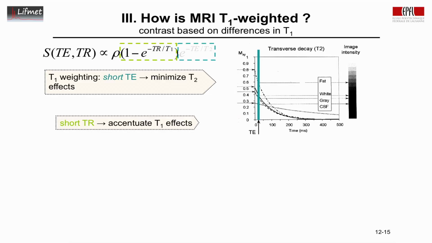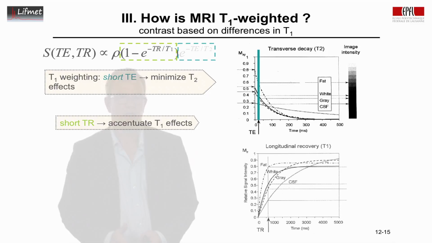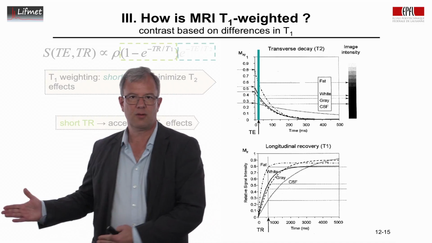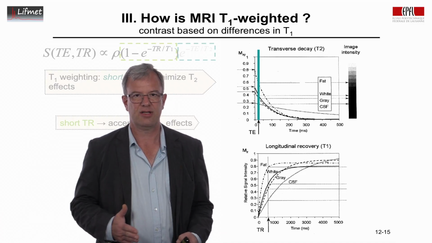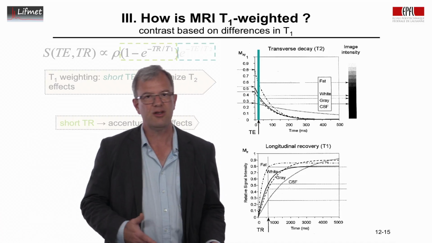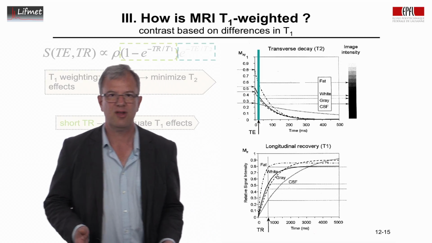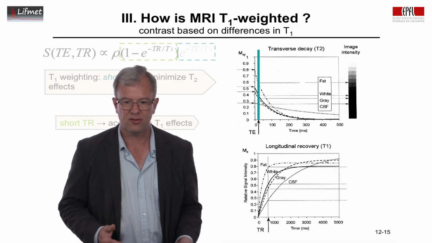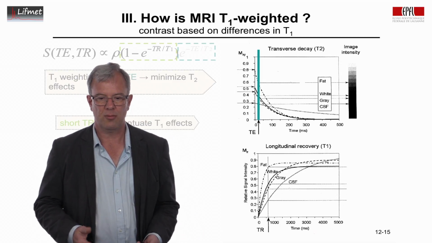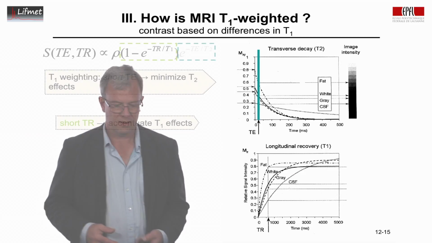To accentuate the T1 effects, one uses a relatively short TR. If we use a TR that's very long compared to T1, we won't have an effect of T1. If TR is very short compared to T1, and we're using 90-degree pulses here, then we have no signal. So there's most likely also an optimum for the TR.